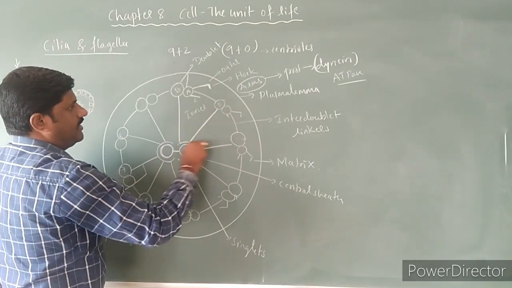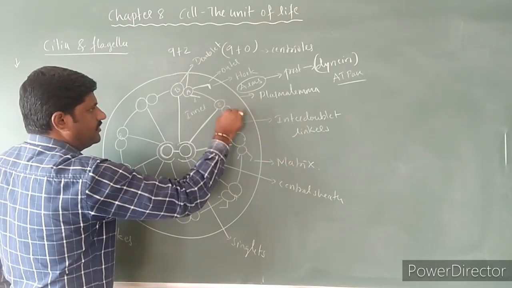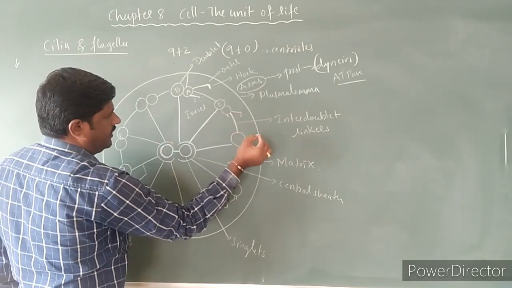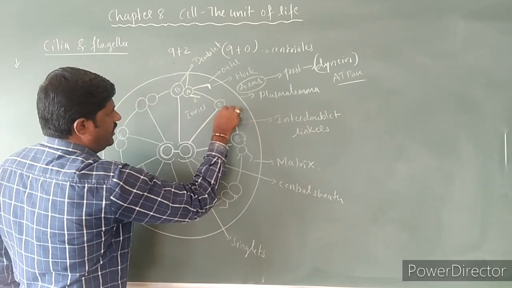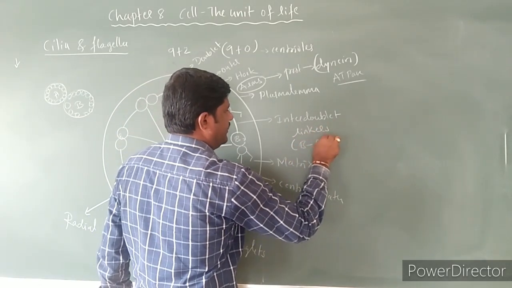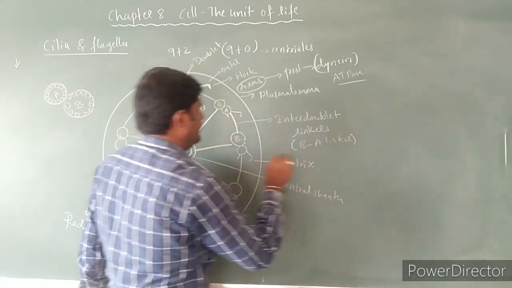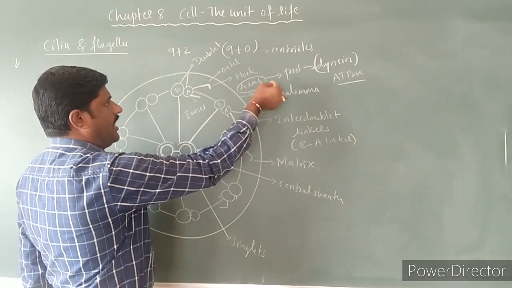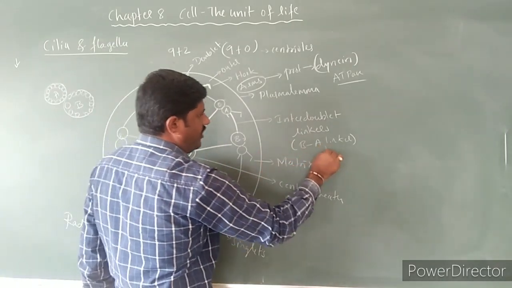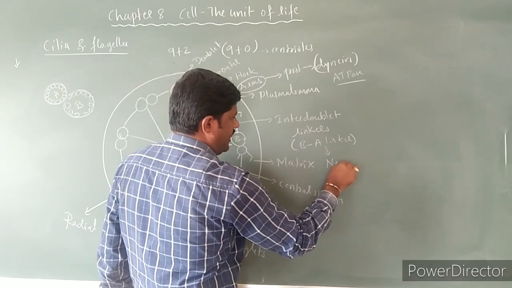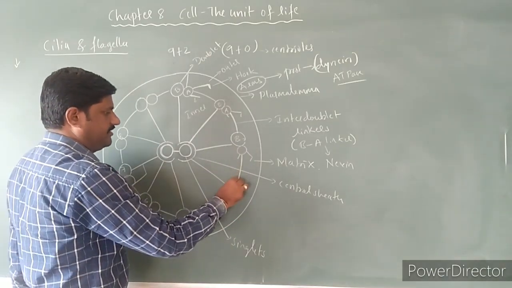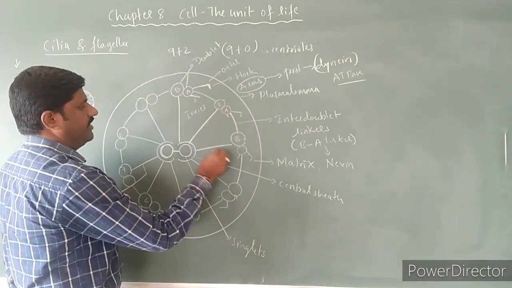The radial spokes and the interdoublet linkers, which are also called BA linkers, since this is B and this is A, are made up of a protein called nexin.